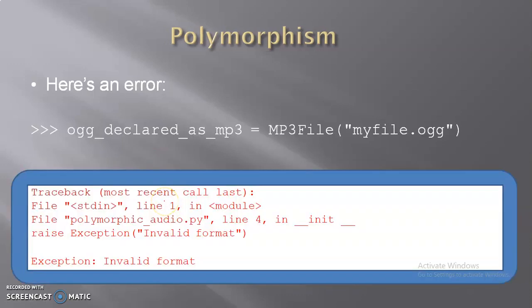And next we create an OGG file. But if we create the object for the mp3 file with myfile.ogg, then it shows invalid format, because it checks the extension in the base class, and based on that it shows the message invalid format.